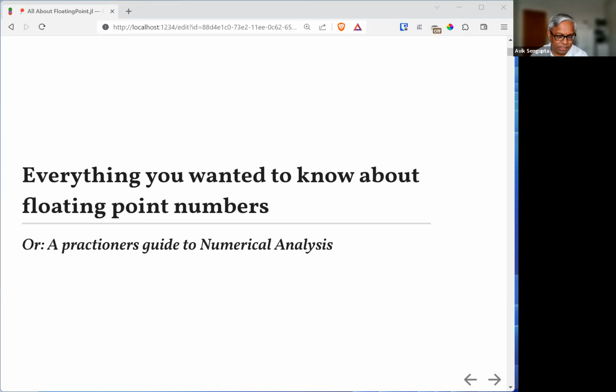So today's topic is floating point numbers, which everybody works with, whether they are using Julia or any other programming language. For any program that you write, you will usually end up using floats or decimals at some point.